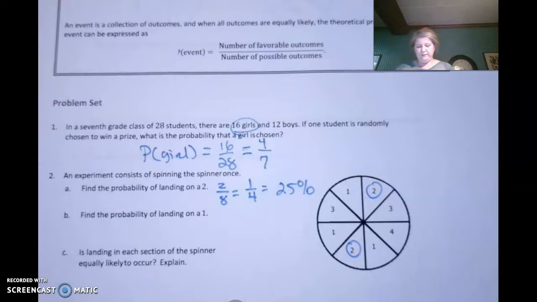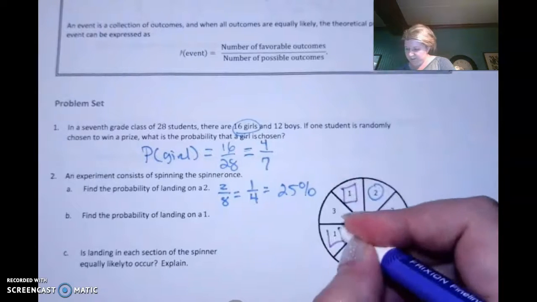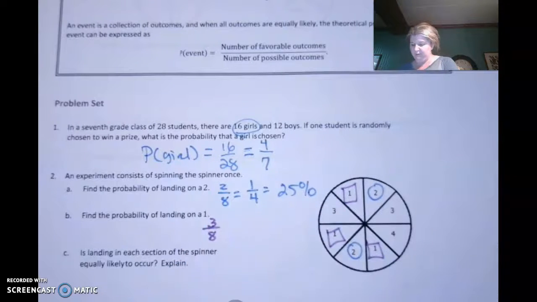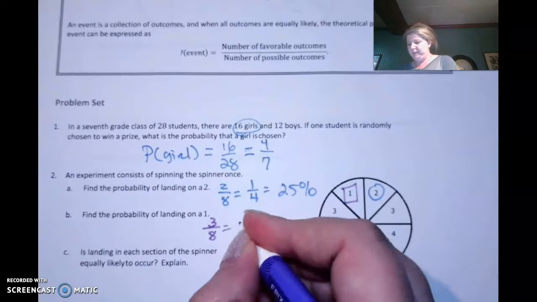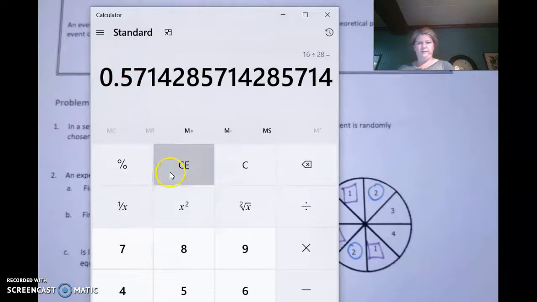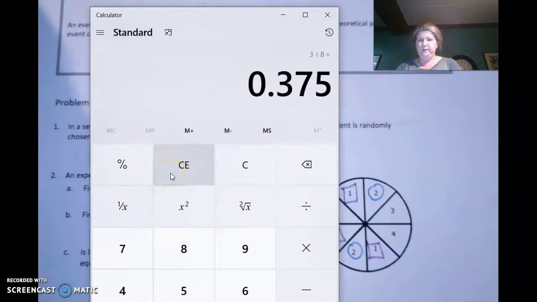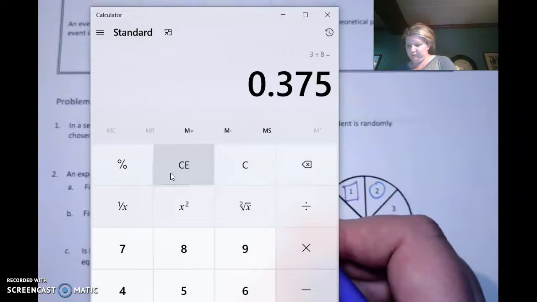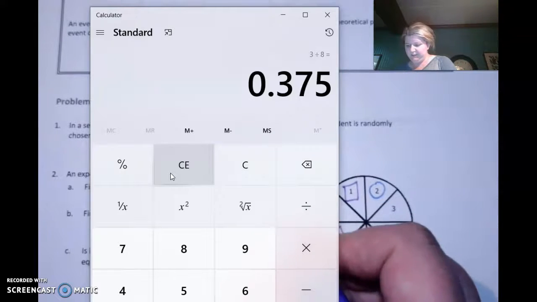The probability of landing on a 1, let's see, there's 1, 2, 3 ones out of the 8 total, which would be, let's just use a little calculator here. 3 divided by 8, 0.375, which would be 37.5%.